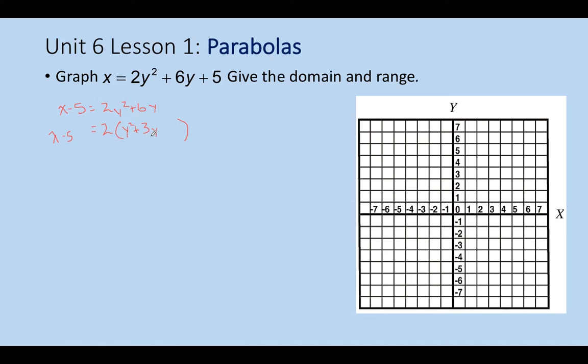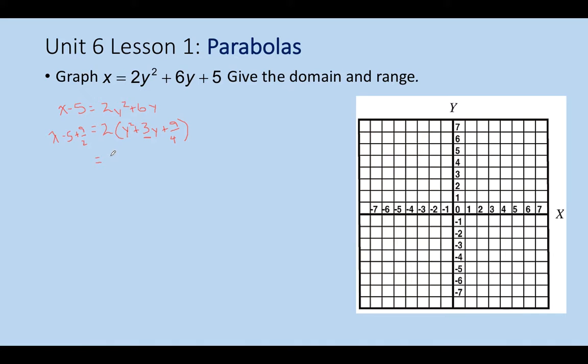Now if we're going to complete the square, remember that we're going to take half of b, 3, and square it. So half of 3 would be 3 halves, and then I square that, that would be 9/4. But of course, what I added to the right side wasn't actually 9/4 in total, it was 2 times 9/4, which would simply be 9 halves. So if I added 9 halves to the right, well then I would have to add 9 halves, or 4.5, to the left.